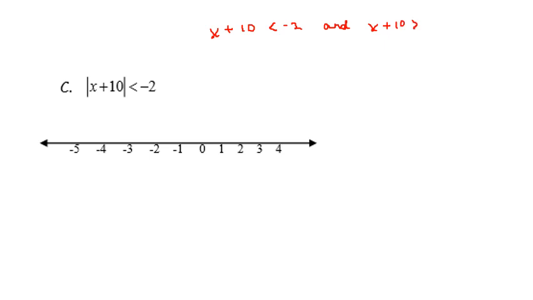Flip that inequality sign and change it to its opposite, positive 2. Subtract 10 on both sides. Those cancel out, and x is less than negative 12. Subtract 10 on both sides. Those cancel out, and x is greater than negative 8.